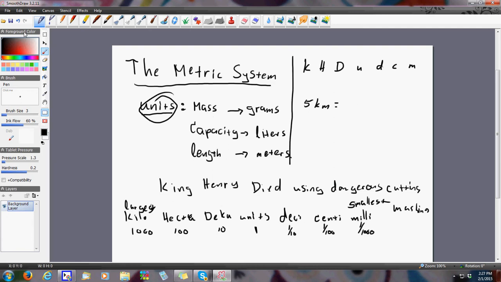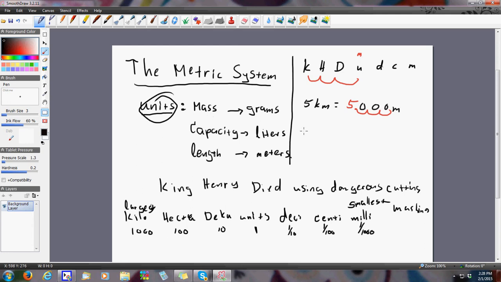Meters is my unit, so I'm going to start with 5.0. I move my decimal over once, twice, 3 times. That means 5 kilometers is the same as 5,000 meters.